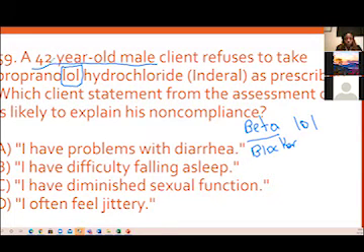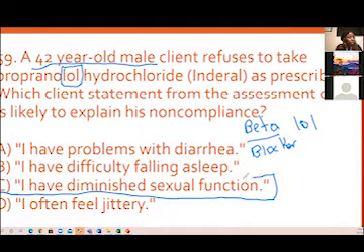He's 42, in his prime, he's a male. Sex means a lot. I have diminished sexual function. A male will stop taking the medication for this. So that is the answer, but if you do not know what the medication is about, look at who the question is about, a male. You can use that kind of process to answer the question. Okay. Any question about that?